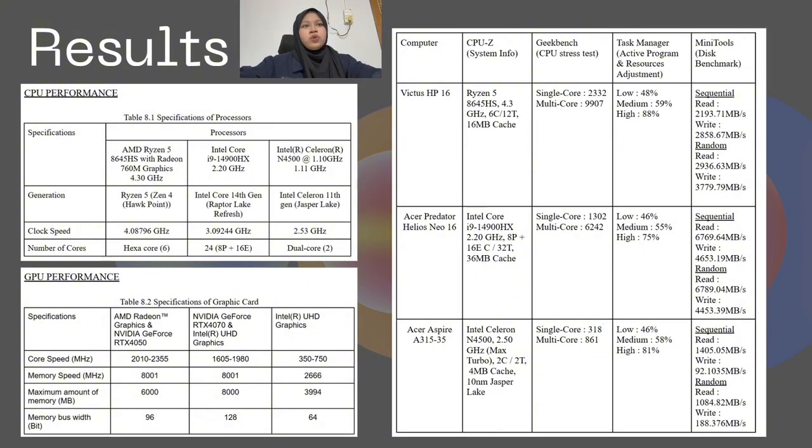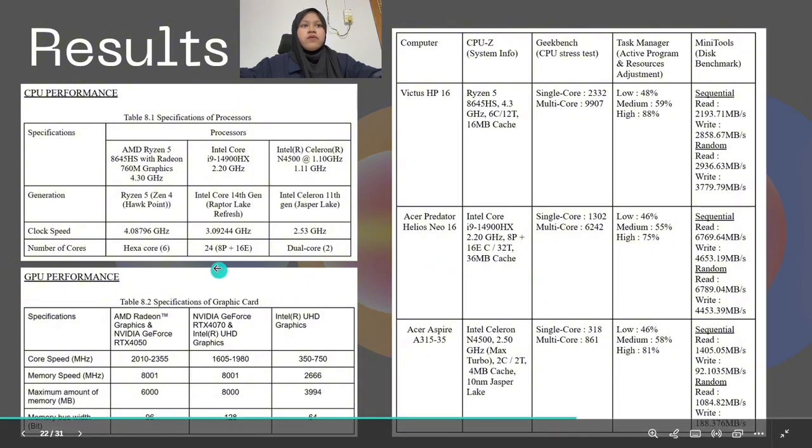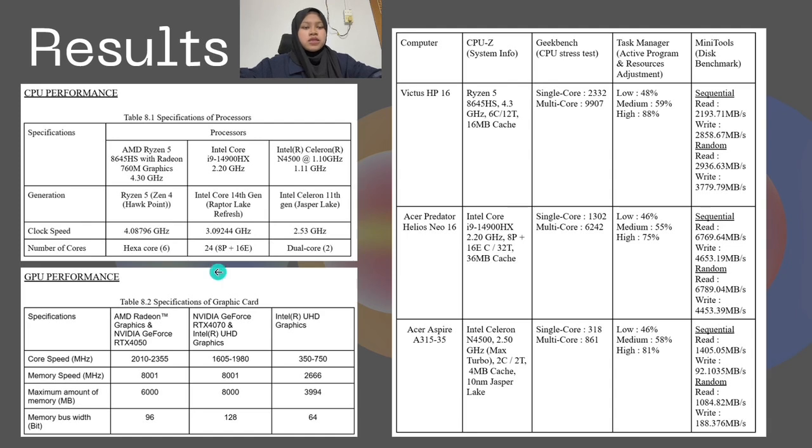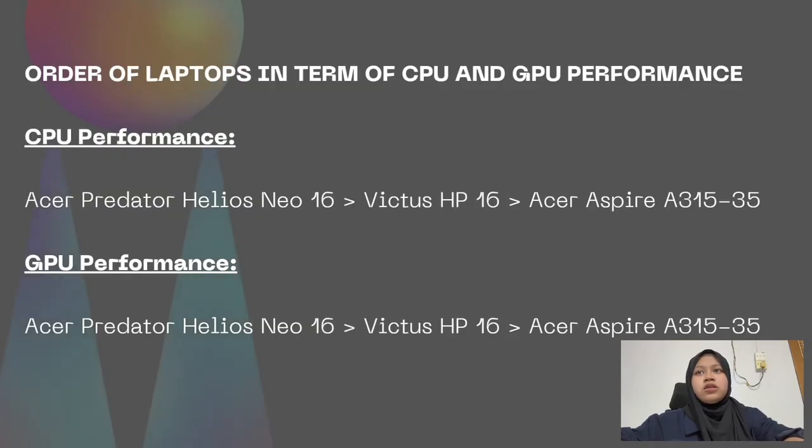Okay, in this slide, Victus shows the best balance, Predator leads in storage, like I said, and Aspire is only suitable for basic tasks. Predator Helios has the most cores, which is 24, best for multitasking, and Victus has a higher clock speed and better single-core performance.